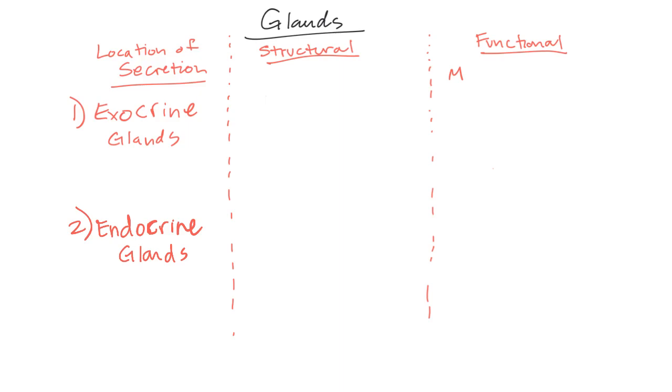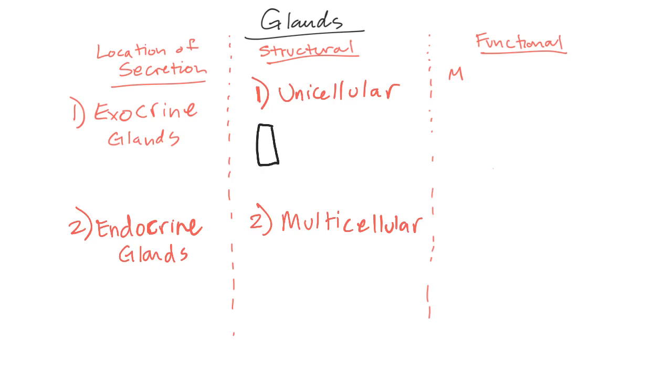All right, structurally, we can have unicellular or multicellular. And so what a unicellular gland might look like, let's say we have some simple columnar cells here.